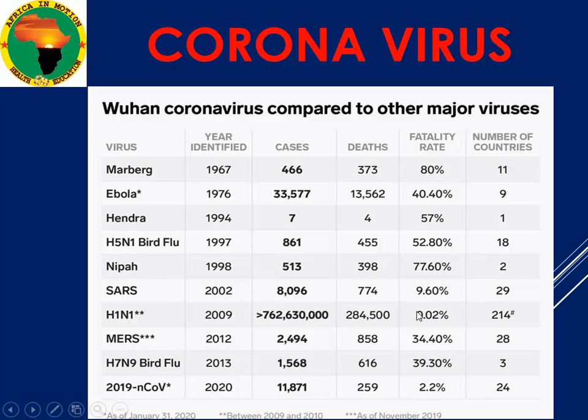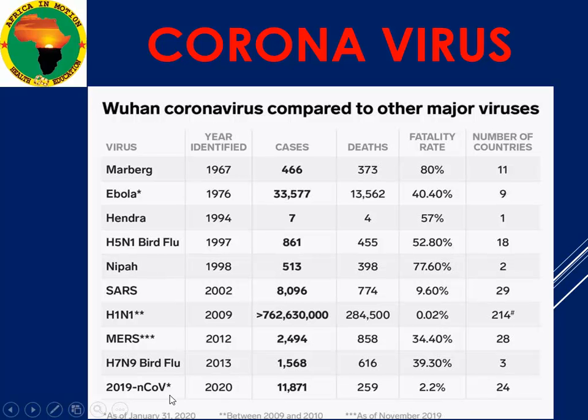And when you check H1N1, it infected many people in many countries, 214, and it killed 284,500 people. Though when you check the proportion, the fatality rate compared to the other ones, it killed 0.02%.